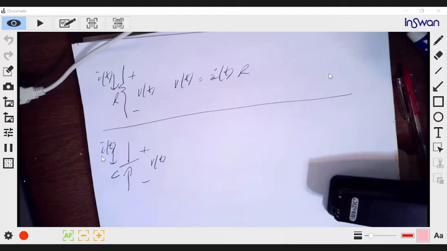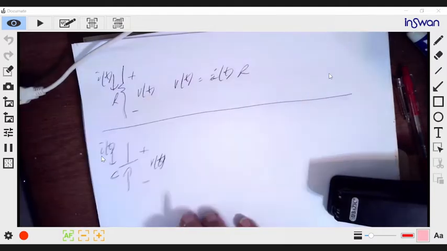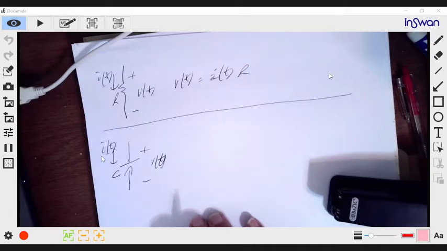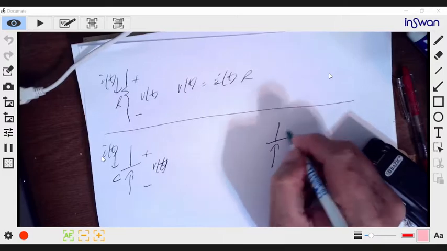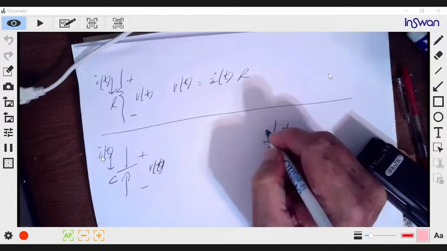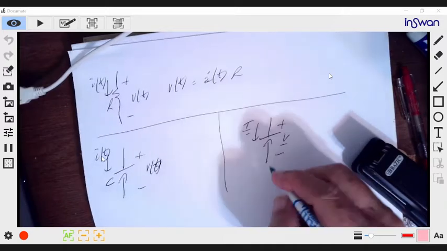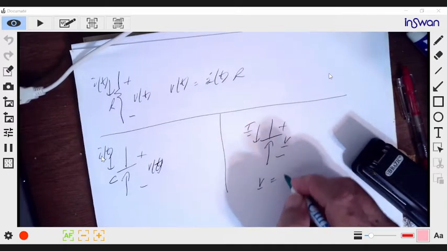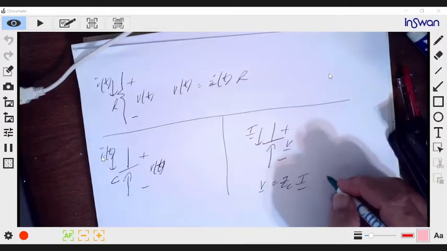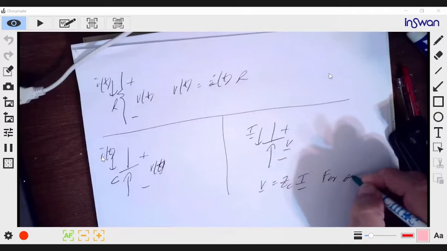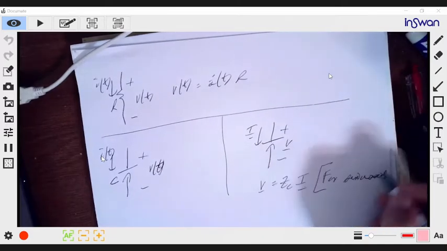No. Impedance isn't in the time domain. Impedance is in the phasor domain. In the phasor domain, V phasor equals the impedance of the capacitor times I phasor. But this is only true for sinusoids, because phasors are only true for sinusoids.